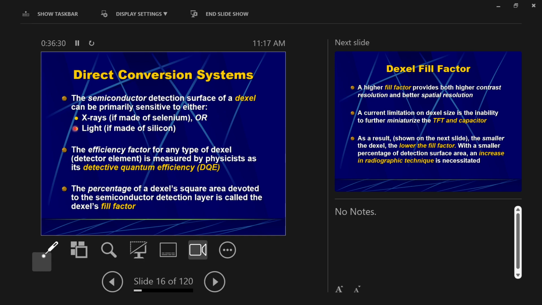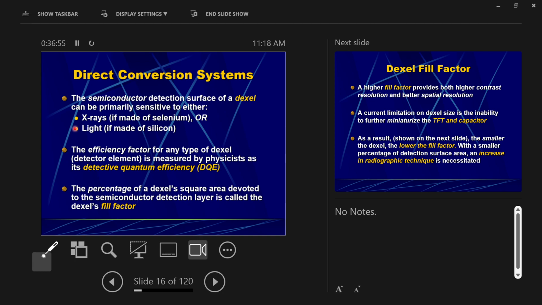X-rays are not converted directly to electricity. X-rays passing through the patient hit the receptor, get converted to visible light, then the visible light exposes the DEL cell. Those are called indirect conversion DR systems, and they use silicon. You are going to have to remember which material is sensitive to which thing.